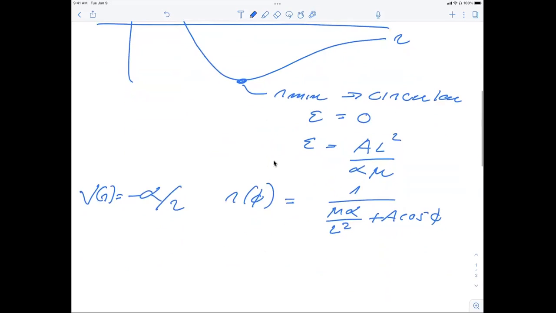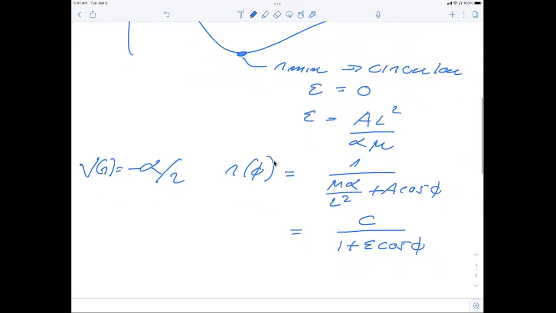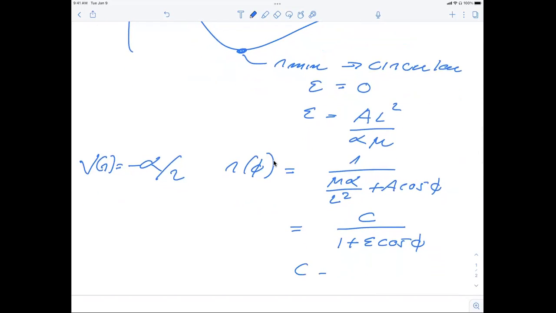And we rewrote this in terms of a new constant C, as C times 1 plus epsilon times cosine phi. And this parameter C is now determined in terms of the constants of the system, the angular momentum, which you can actually measure, for instance, for the Earth. It's pretty well measured.